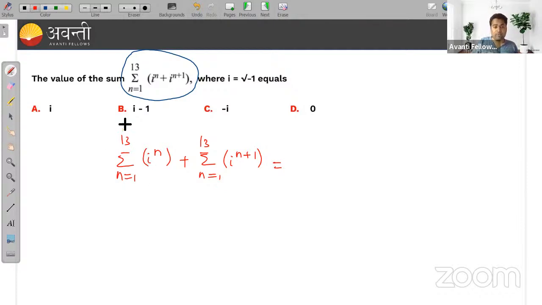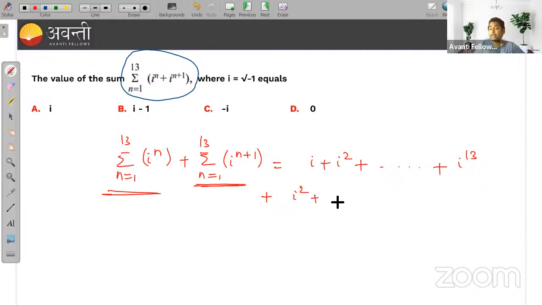When we open it, if you put n equal to 1, I will get I. If you put n equal to 2, I will get I square. It will go on up to I to the power 13. Similarly, if you open the second series, first we put n equal to 1, then I am getting I square.